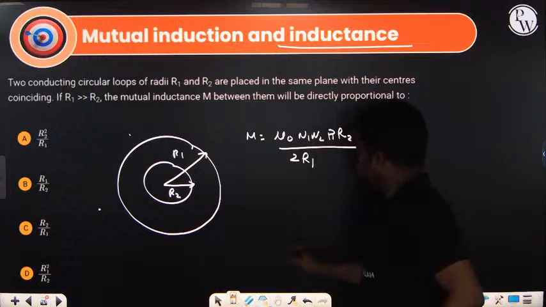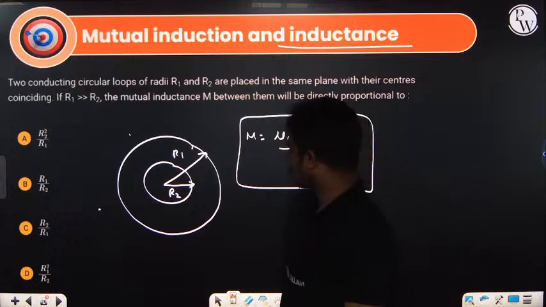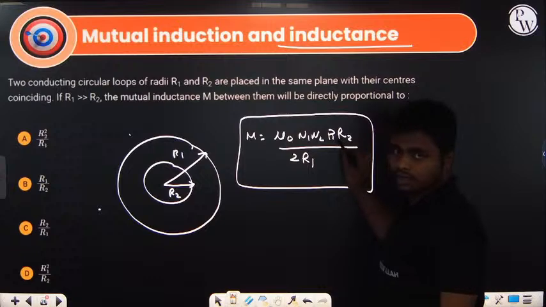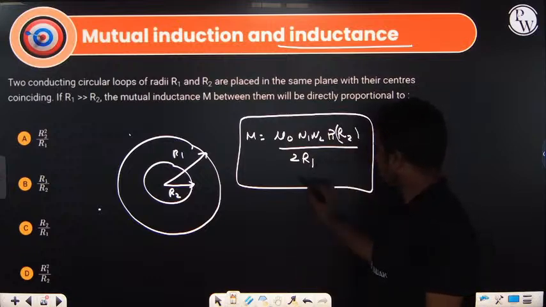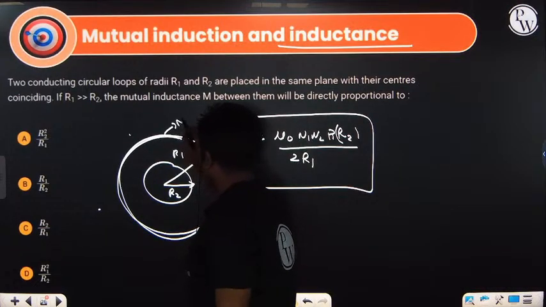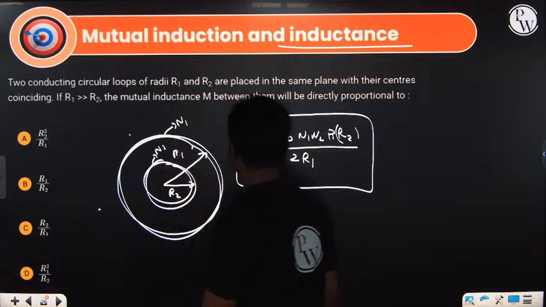Now, this is the direct formula for the mutual inductance of two coils. The coils should be concentric, and the term pi R2 should be inside. This is the smaller coil and this is the larger one. The number of turns for this coil is N1, and for this coil is N2.